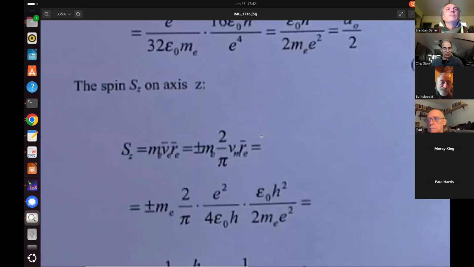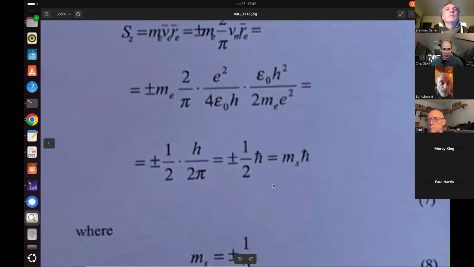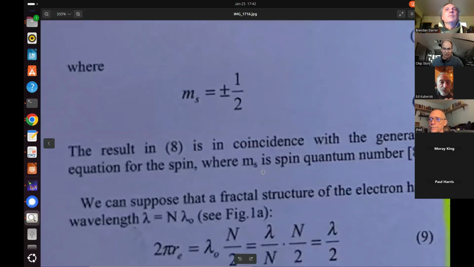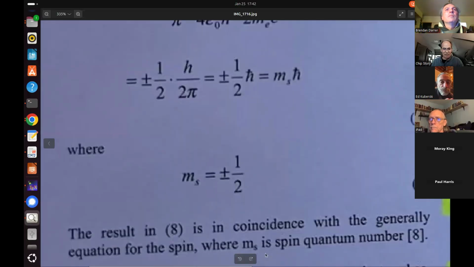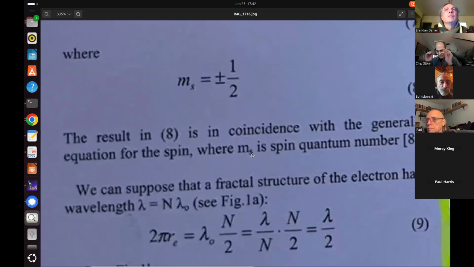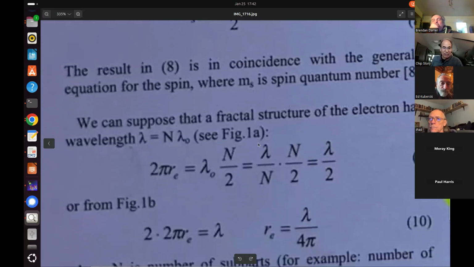So there's a series of equations describing the spin S sub Z on the Z axis, and we work our way through those. That's important right there, the M, the mass of S plus or minus being the spin, plus or minus 1/2. The result in 8 is in coincidence with the generally understood equation for the spin, where M sub S is the spin quantum number.